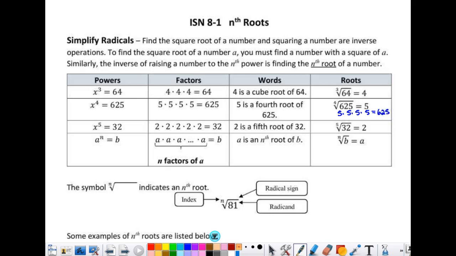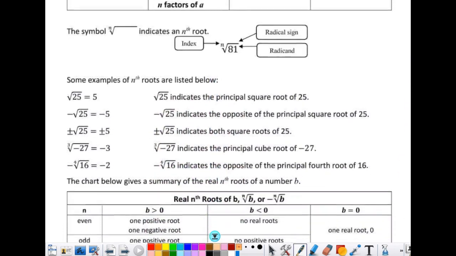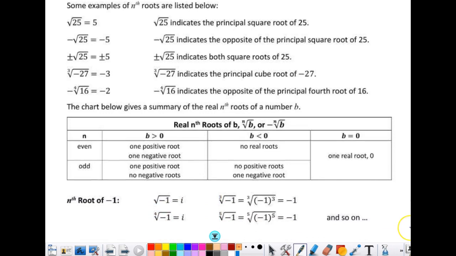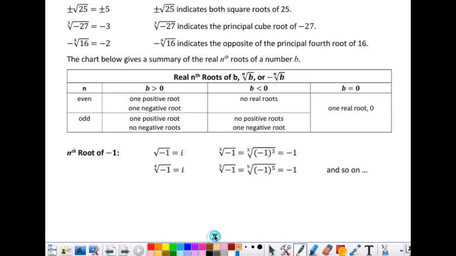That's how roots work. Okay, also down here, we've already learned that if you have a square root and you have a negative underneath the square root, it comes out as an I, and that's any even root, like a 2 and a 4.